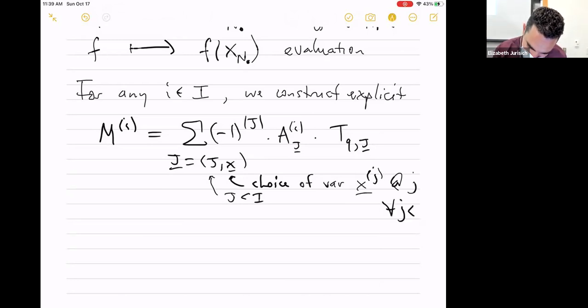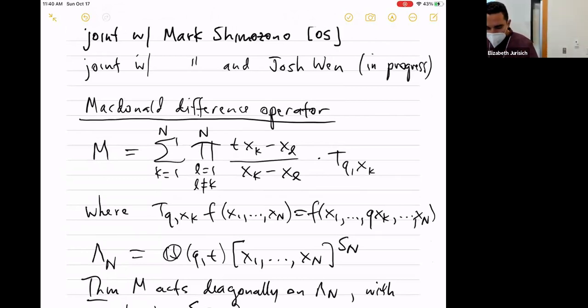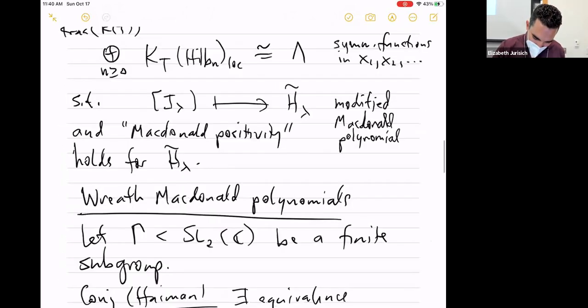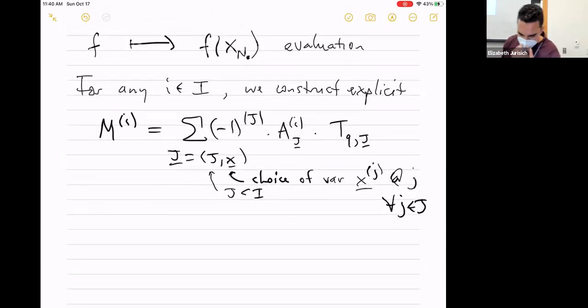This is for all J in the subset. Basically, just like the Macdonald operator, it was a sum over K, and that K told you what variable you're working with. So you could say you're choosing a variable. The sum is over all choices of a variable. This one down here is a sum over all choices of variables, where I choose some variables. So J is not empty.